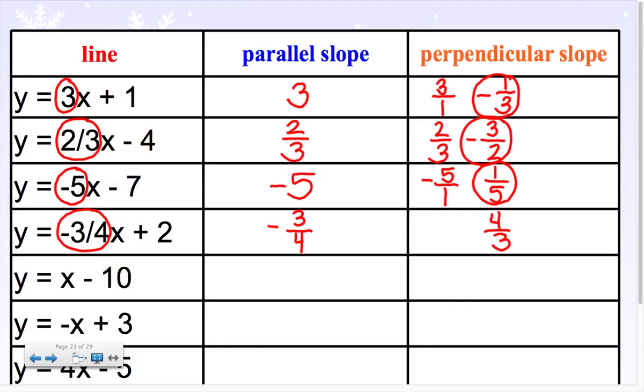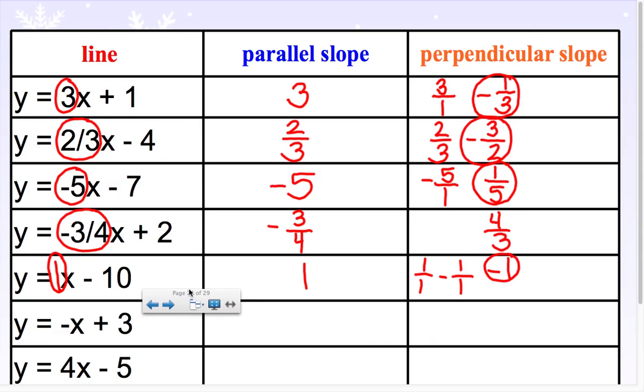If there isn't a number, then it's always 1. So the slope of this line is 1. So the line parallel to it would have a slope of 1. If I have 1 over 1 and I do the reciprocal, it's still 1 over 1, but I'd have to make it negative. So negative 1 would be the slope for the line perpendicular to that one.